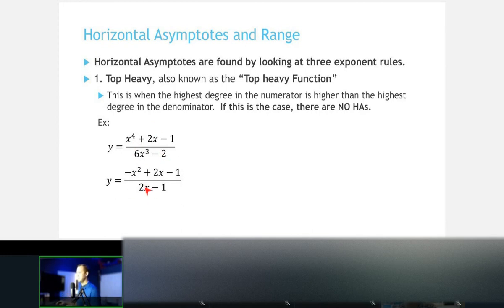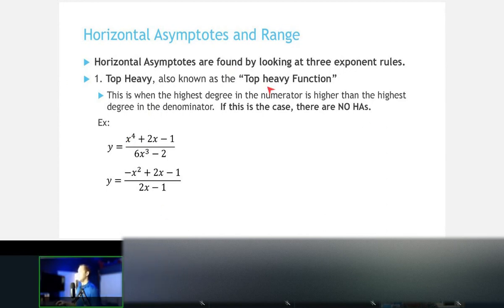Looking at this one here, this is x squared, and this is just x to the 1st. So 2 is greater than 1, so this would also be considered a top-heavy rational function. Does everyone follow what it means to be a top-heavy rational function? All right, good.